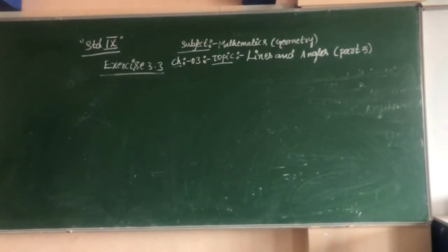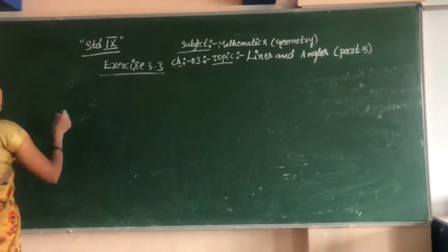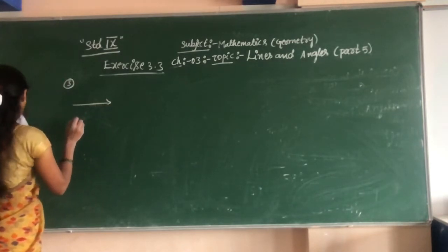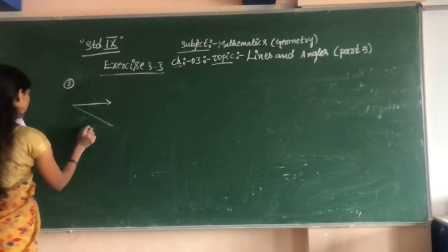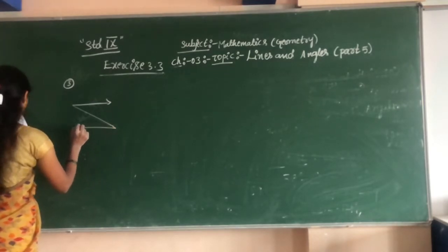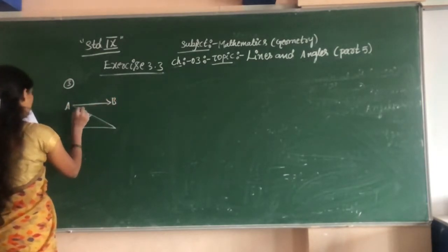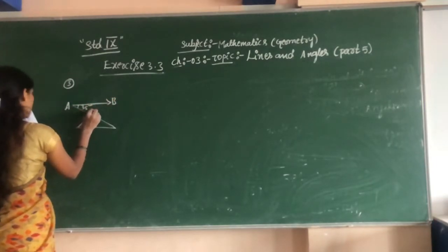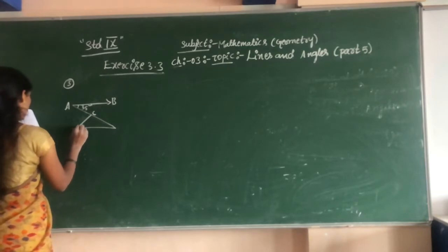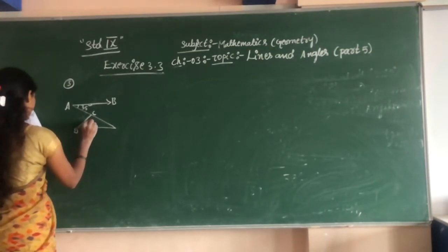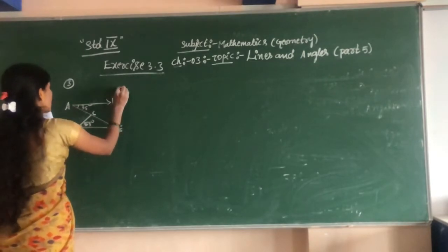Okay children, now next we shall go to the third question. We should draw the figure. Okay, A, B, this is 35 degrees, this is C, this is D, 53 degrees, this is E. Solution.